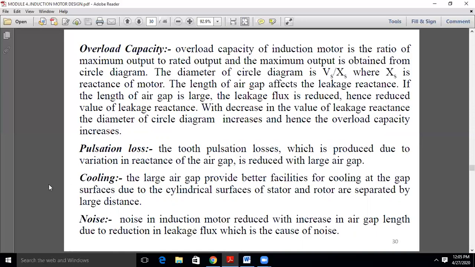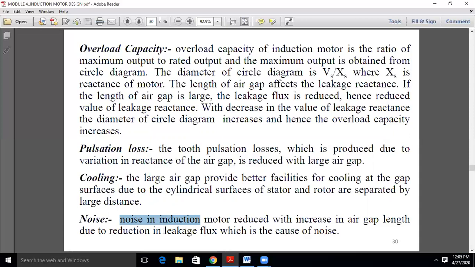Then the cooling. A large air gap provides better facilities for cooling at the gap surfaces, because the cylindrical surfaces of the stator and rotor are separated by a large distance. The next parameter is noise. Noise in an induction motor is reduced with the increase in air gap length due to the reduction in leakage flux.